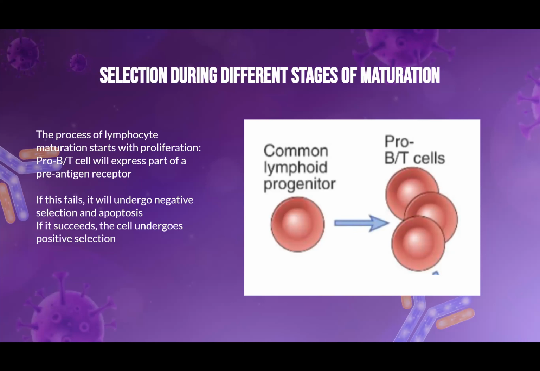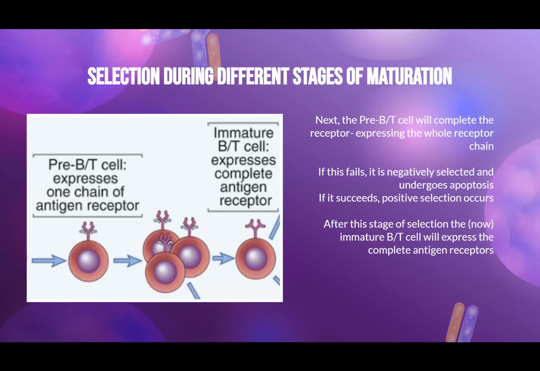The process of lymphocyte maturation starts with proliferation, where pro-B or T cells will express a part of the pre-antigen receptor. If this fails, it'll undergo negative selection and apoptosis. But if it succeeds, the cell undergoes positive selection. Next, these B or T cells will complete the receptor, therefore expressing the whole receptor chain.